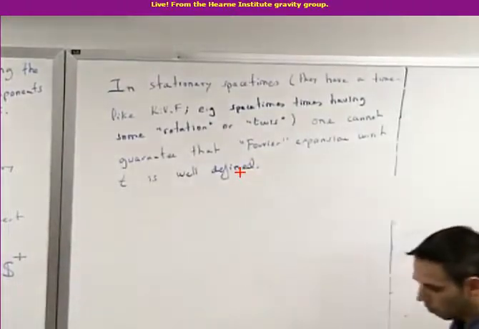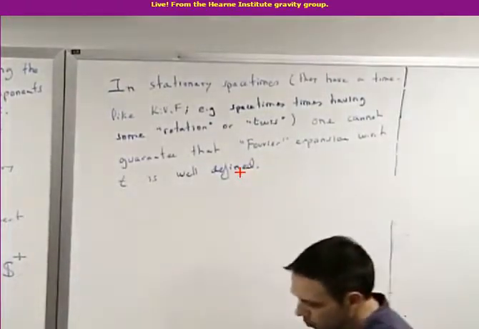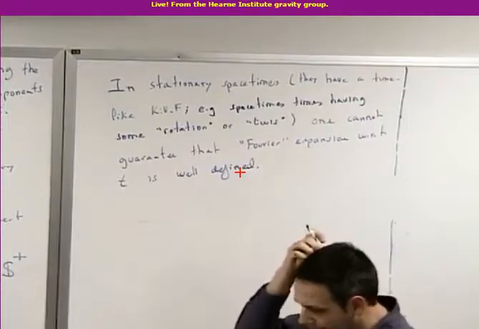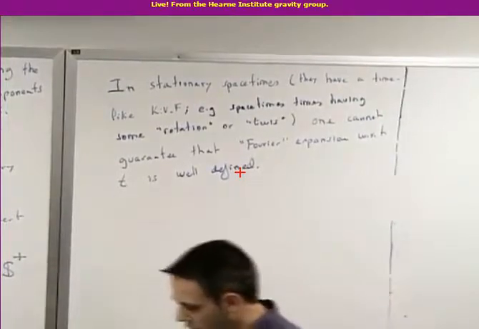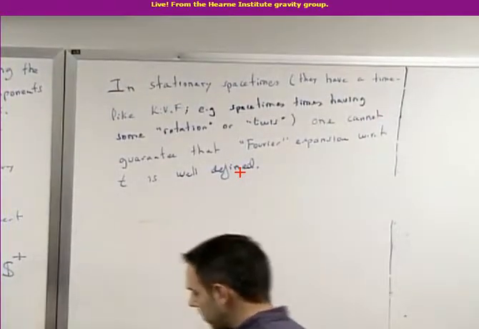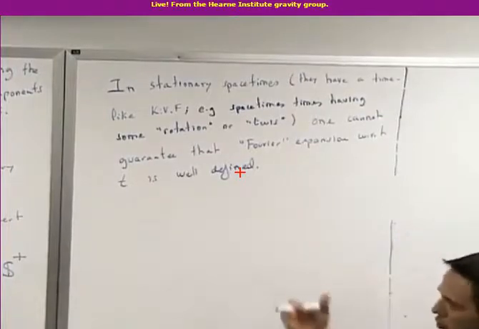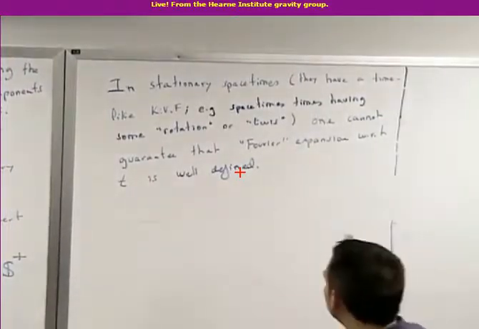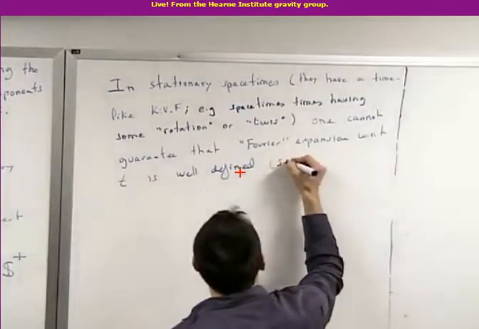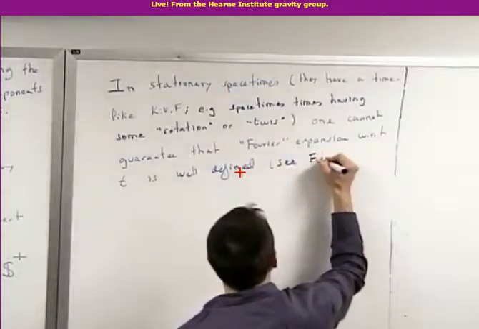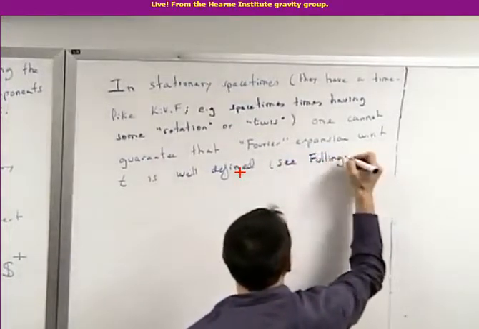You can go to a book of analysis, Fourier analysis, or spectral decomposition of differential operators. For instance, you can see Fulling's book on quantum field theory. He has a good summary.